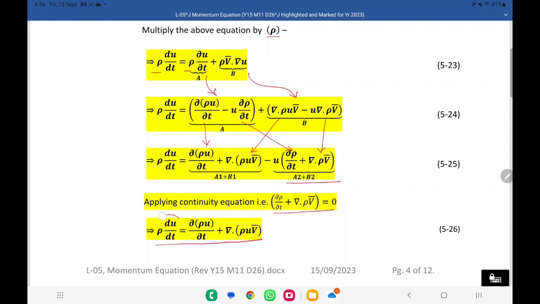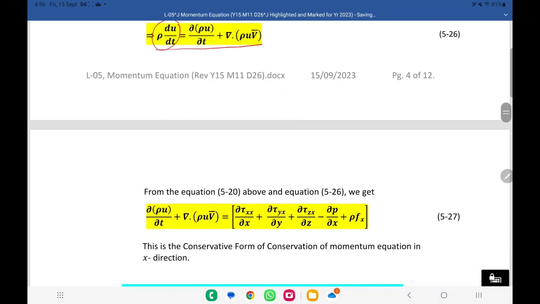Now this term you replace in the original this. Here it was rho du by dt. In the derivation it was this. So now you look at this equation. Everything is inside the derivative.